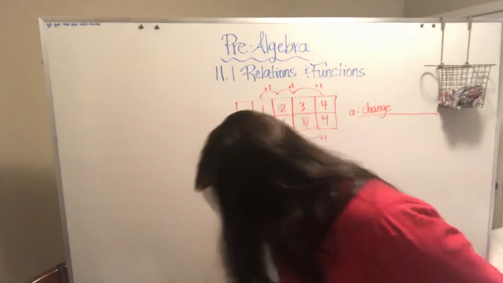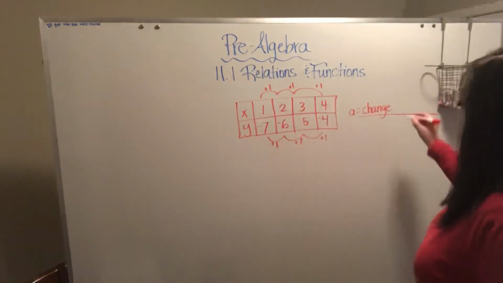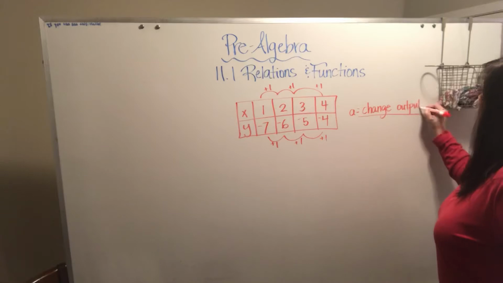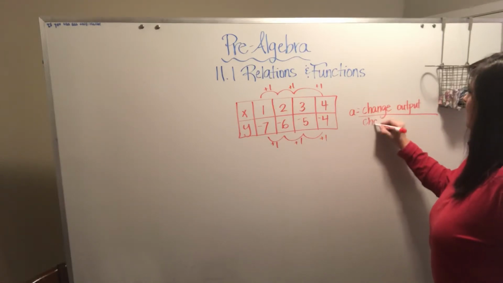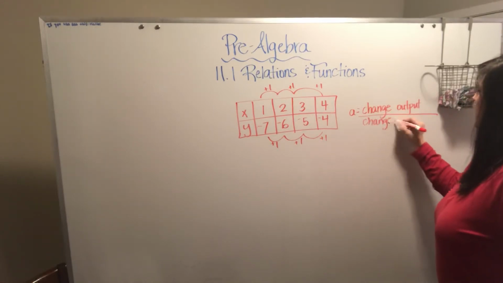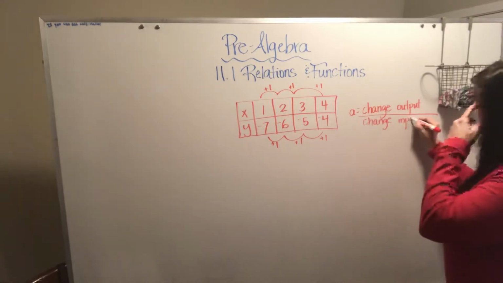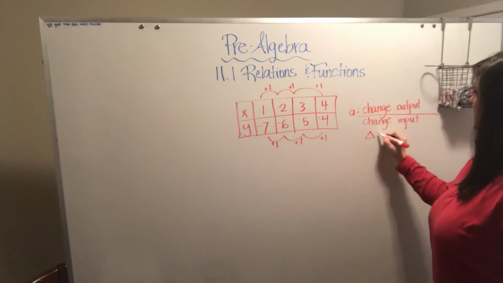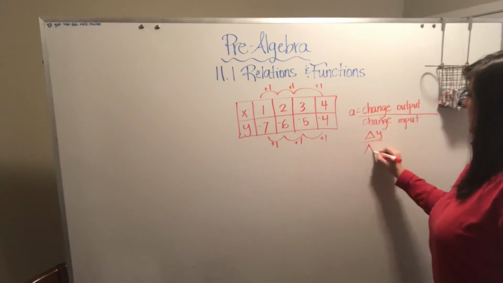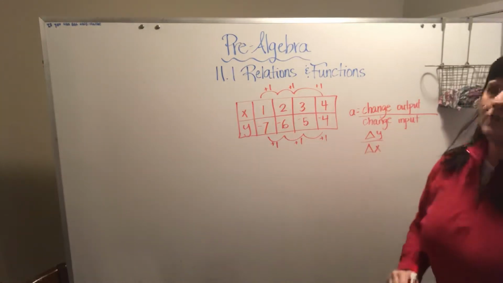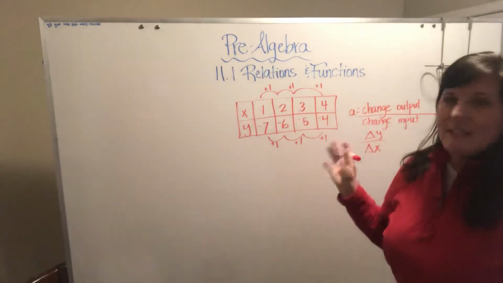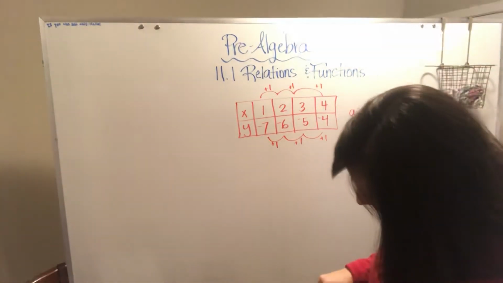You can see the change in output over change in input. Interesting enough, when you get to science, you're going to see things like that, and it might look like a change in Y over a change in X. I don't know if you've seen any of that in your science information yet, but at some point, you're going to see some information like that when you're doing formulas.